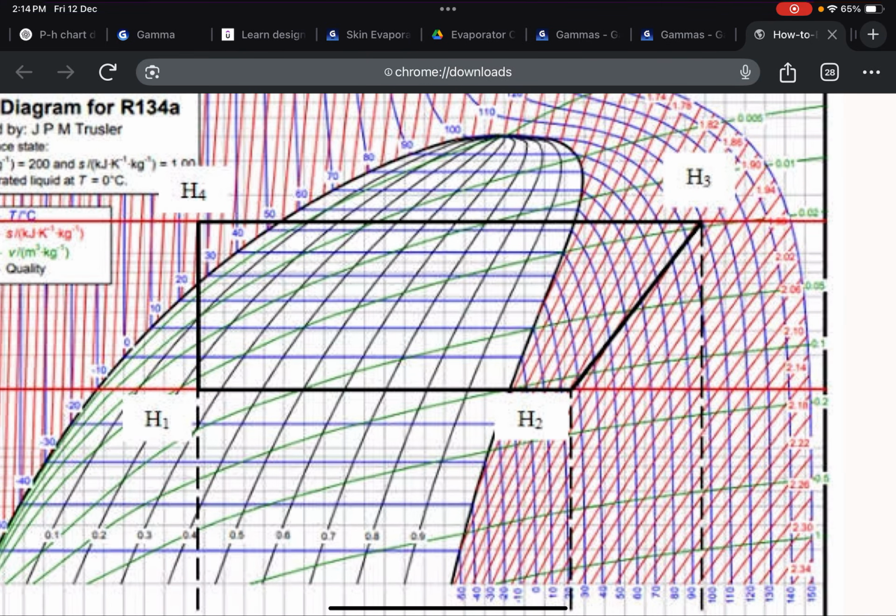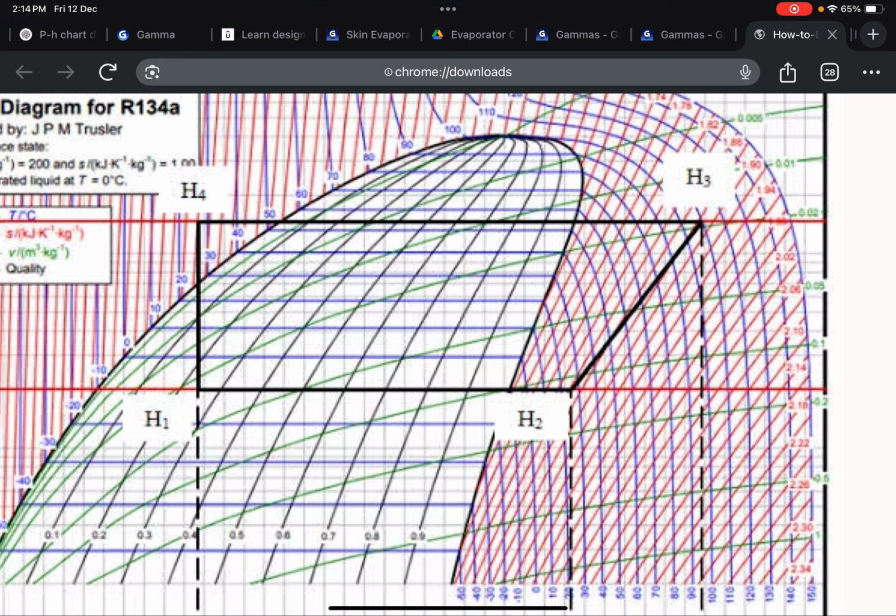So H2, if you get it, and if you draw a constant entropy line, a slanting line, and reach 3, that is the exit of the compressor. And if you draw a horizontal again from 3 to 4, that is the condenser line.